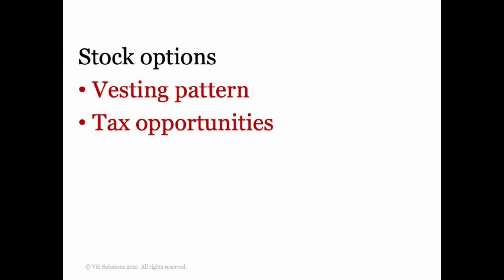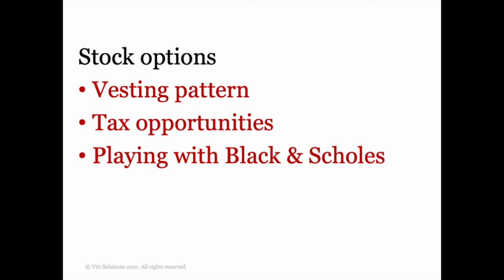And finally, we also play with the variables that go into the Black-Scholes formula. The main variable that tends to affect the value is the volatility of the share price that the company has had over the past and therefore is predicted into the future.